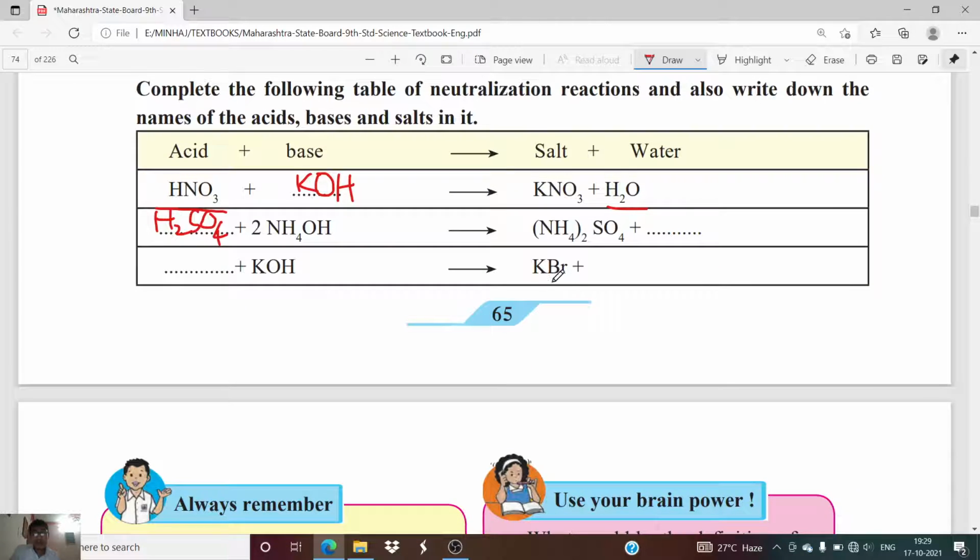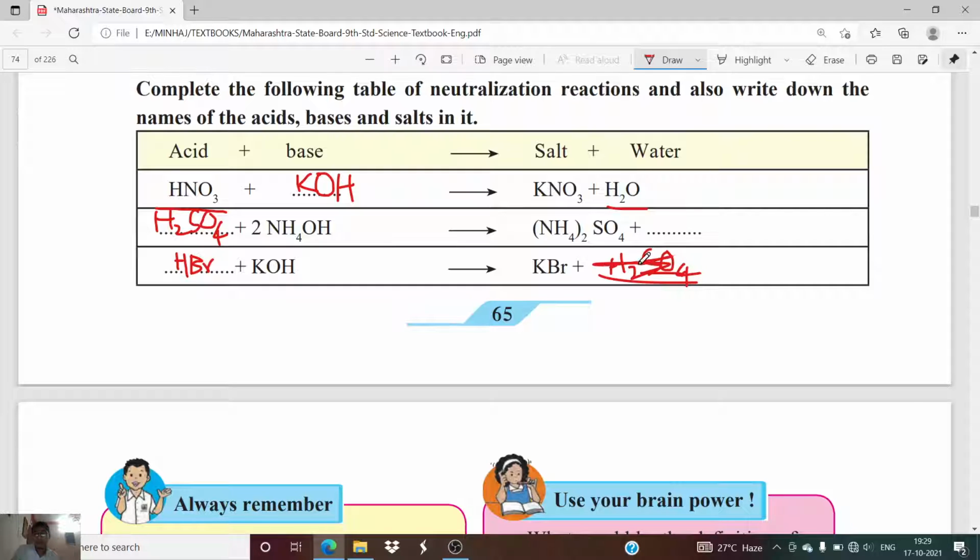Then here we have potassium bromide as a salt. Definitely we want the water molecule. We have KOH, and as an acid we will have HBr, that is hydrogen bromide. So this is the reaction, examples for the neutralization reaction.